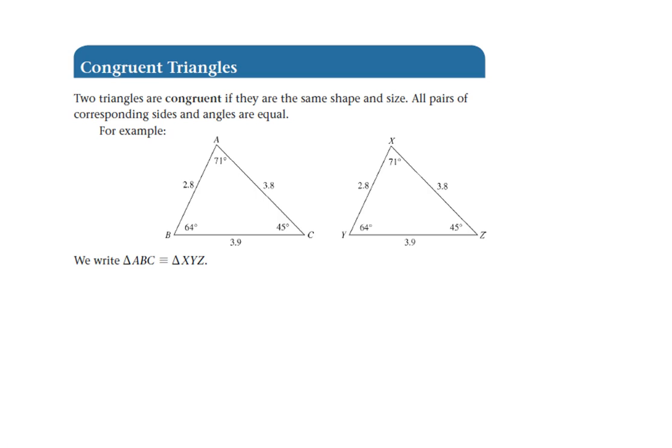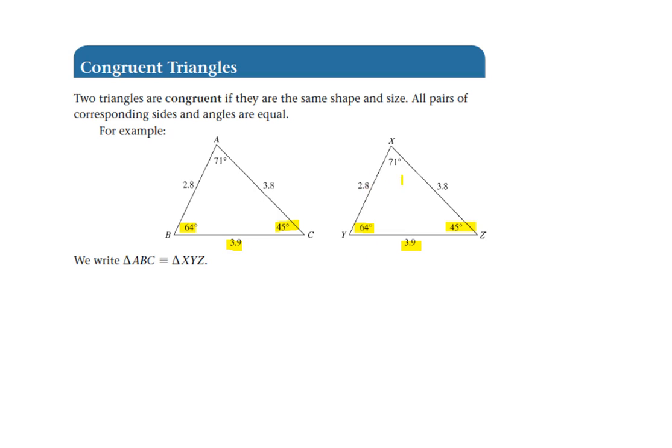So congruent triangles: two triangles are congruent if they are the same shape and size. All pairs of corresponding sides and angles are equal. Looking at this particular case, we've got angle 64 there, angle 64 there, and so on. 45, 45, and the side that's between those is both 3.9, and so on.